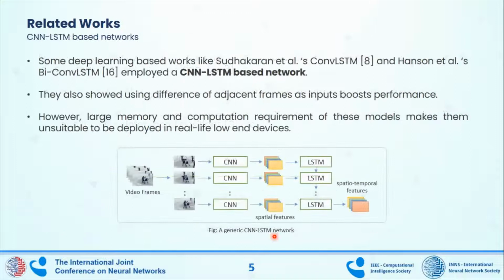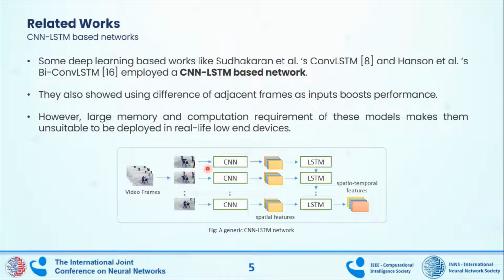Now let's look at some deep learning-based works which are more recent in the field of violence detection. A category of these deep learning-based works were CNN-LSTM-based networks that were mainly proposed by Sudhakaran et al.'s work of ConvLSTM and Hanson et al.'s work on BiConvLSTM to solve the problem of violence detection. So they basically employed a CNN-LSTM based network. Here we can see a basic CNN-LSTM network in action.